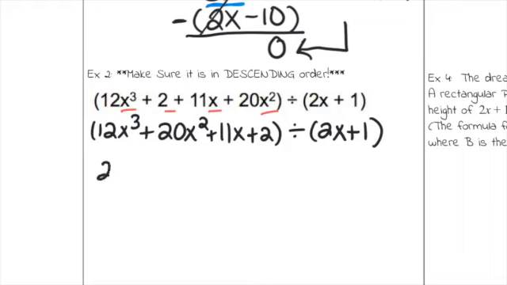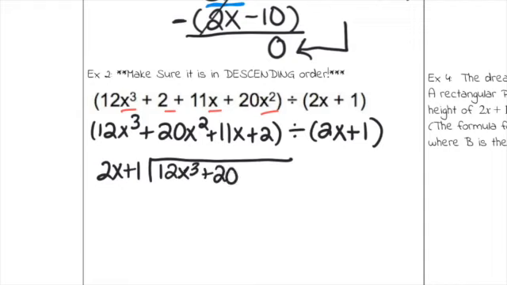So I'm going to do 2x plus 1, and I'm going to put in my dividend inside. Okay. And at that point, I'm going to start the process again. What do I need to multiply 2x by to give me 12x cubed?